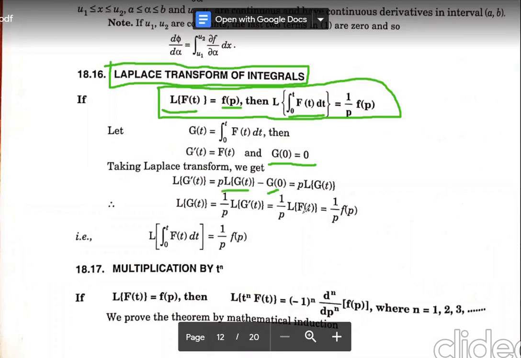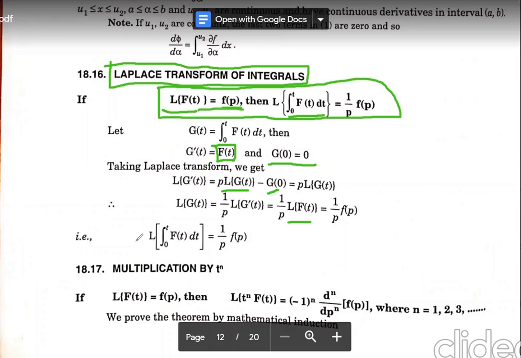Therefore, bringing this p to the other side, the Laplace transform of g of t equals 1 by p times the Laplace transform of g dash t. And the Laplace transform of g dash t is nothing but the Laplace transform of f of t. So that is 1 by p times the Laplace transform of f of t, which is 1 by p f of p.